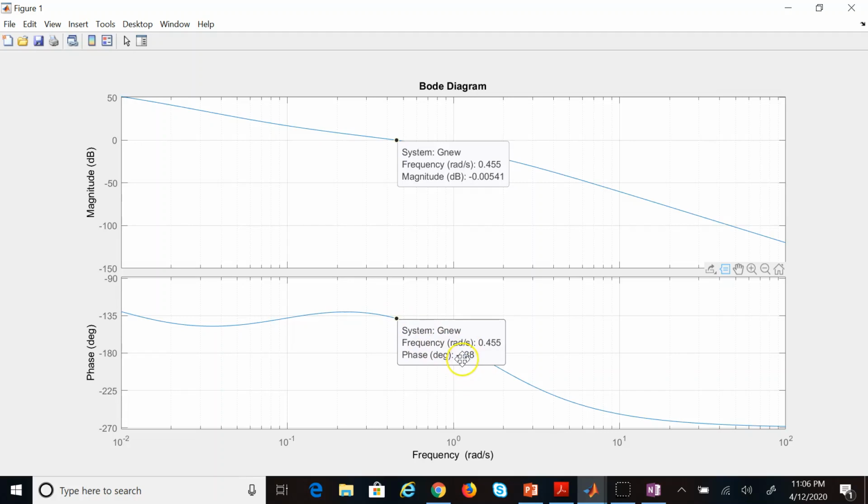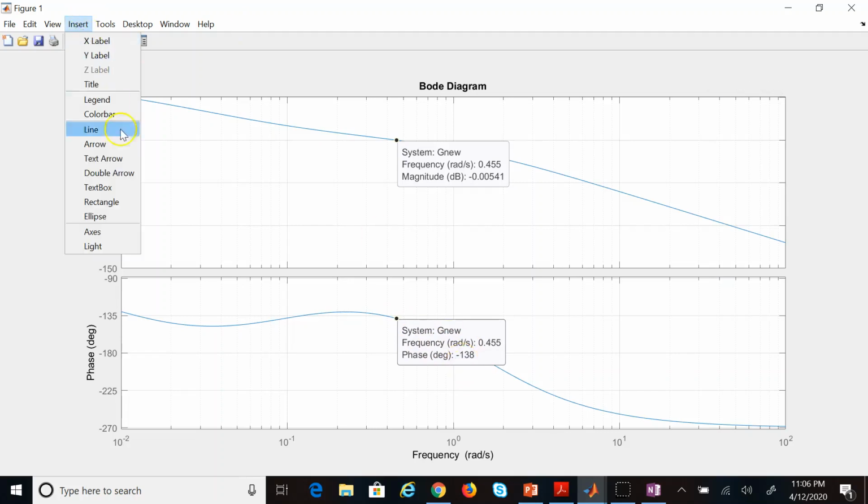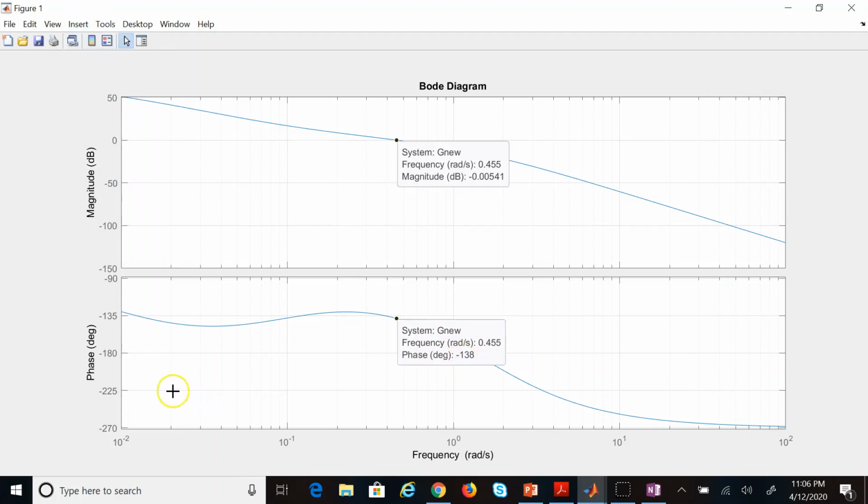And now if I add this negative 138 to positive 180, what do I get? Yes, the phase margin is negative 138 plus 180, which is 42.